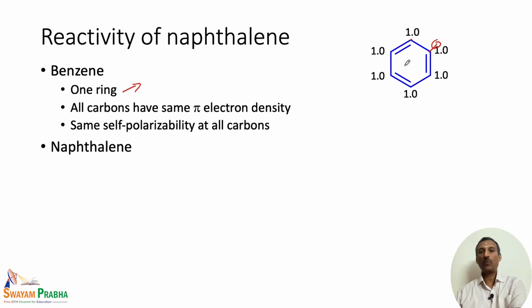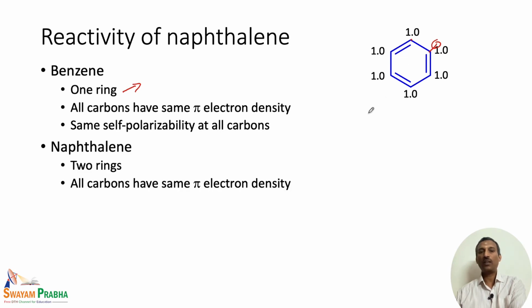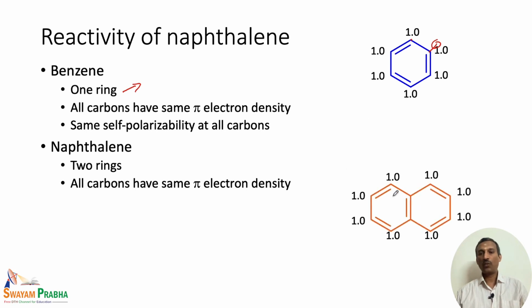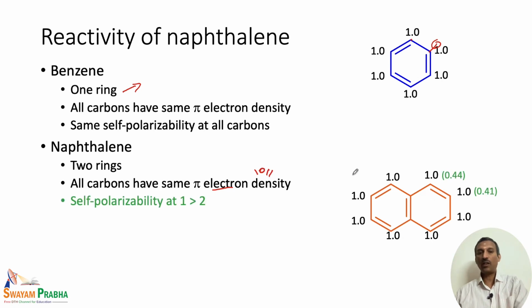But naphthalene has 2 rings, and we can represent the structure as shown here. The pi electron density is the very same on all the carbon atoms, all the 10 carbon atoms, but what is different is the self polarizability.